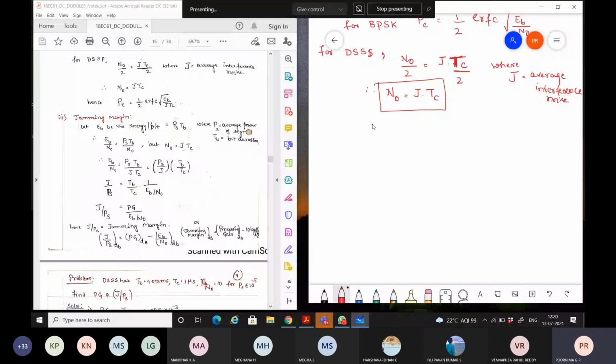In order to know the jamming margin, let EB be the energy per bit. In terms of average power, the energy per bit is equal to the average power multiplied by the bit duration.